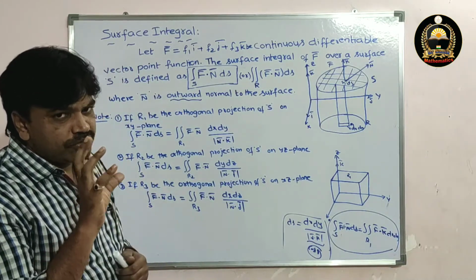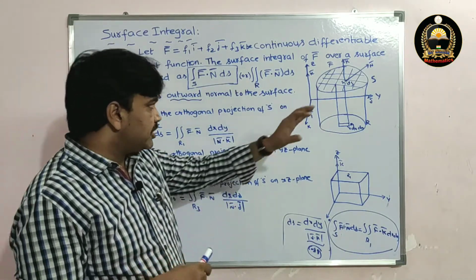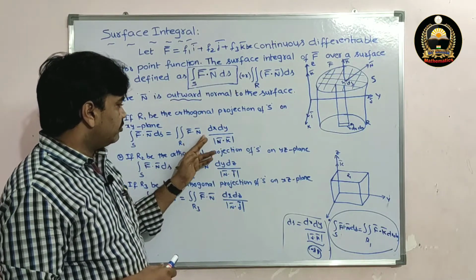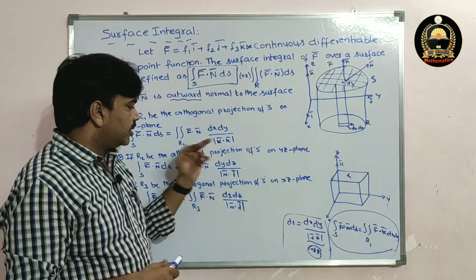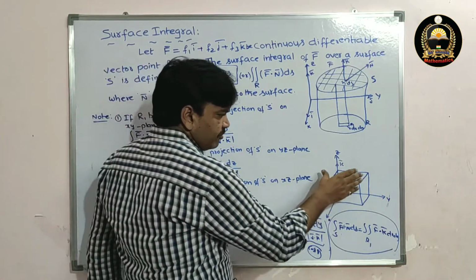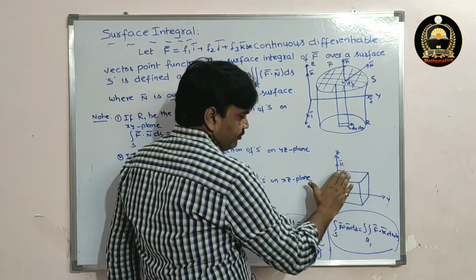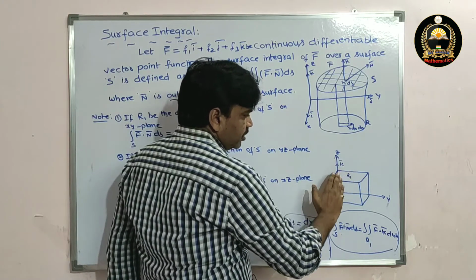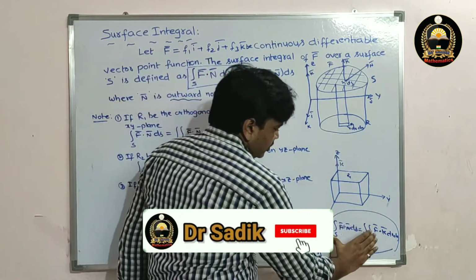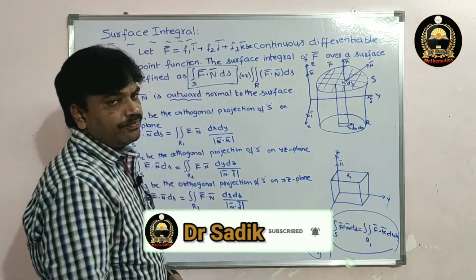Do you understand the difference, students? When it is a general surface, we take the integral over R1 of f bar dot n bar dx dy by modulus n bar dot k bar. If it is a cube or parallelepiped, where the surface is a plane like this, the outward unit normal vector is k bar, so the formula becomes like this.